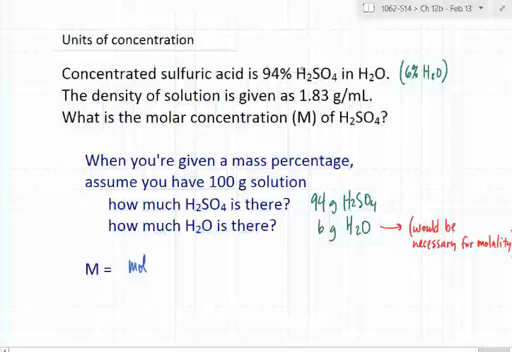So we would need moles of H2SO4. I think we can do that. But what would we divide by? Well, for molarity, liters solution. Okay.